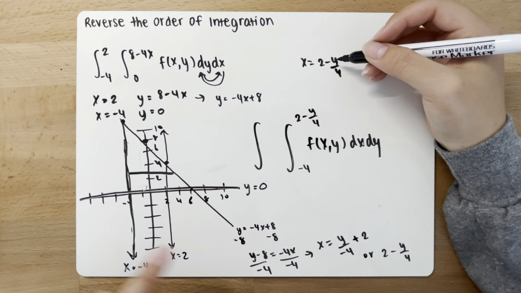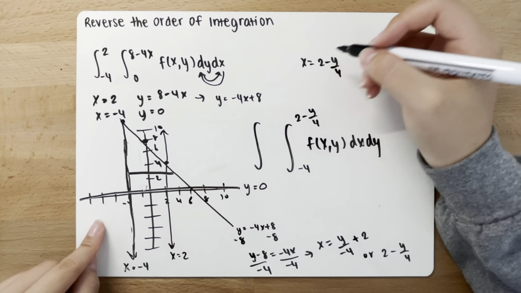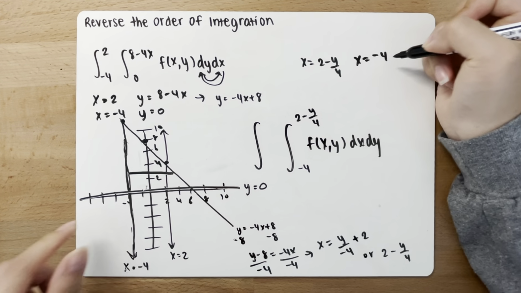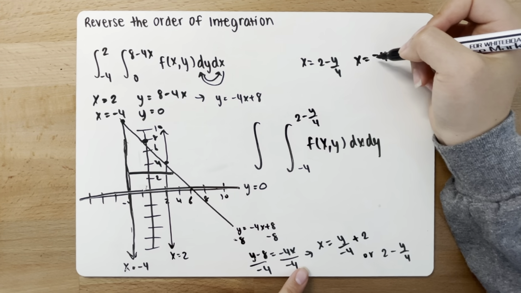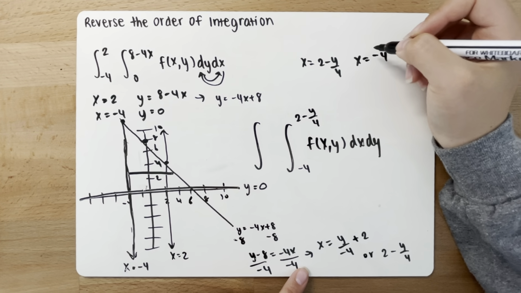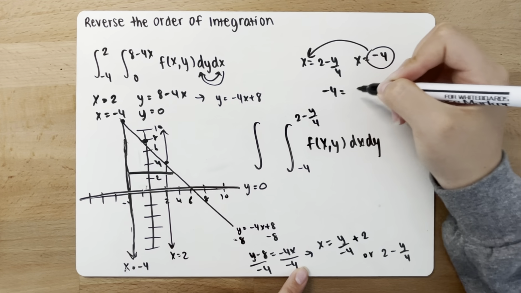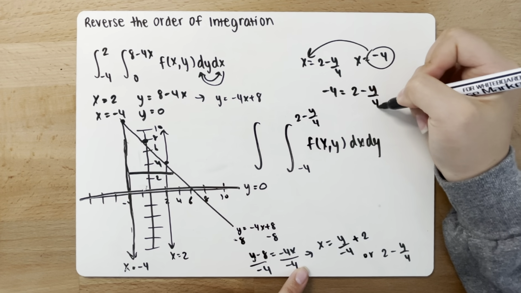So it's bounded by 2 lines, and x equals -4. You can set x as -4 and plug this value in here. So you have -4 equals 2 minus y over 4.